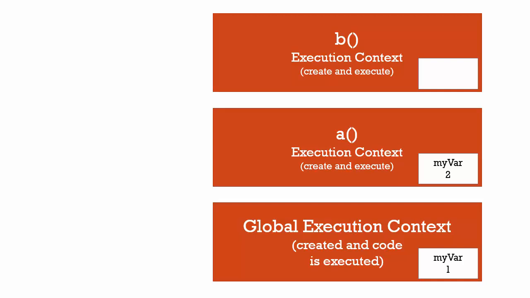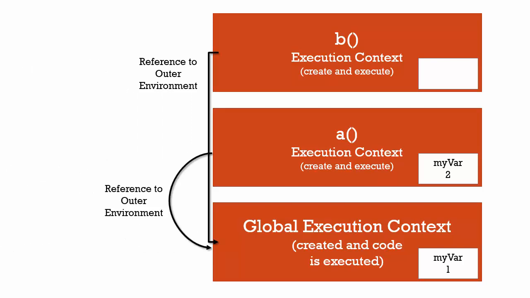The syntax parser already knows, because it went through your code line by line, and it knows where that function was written, and it then creates the appropriate outer reference based on where your function was physically written in the JavaScript file.